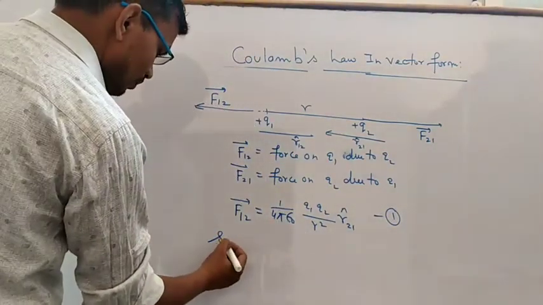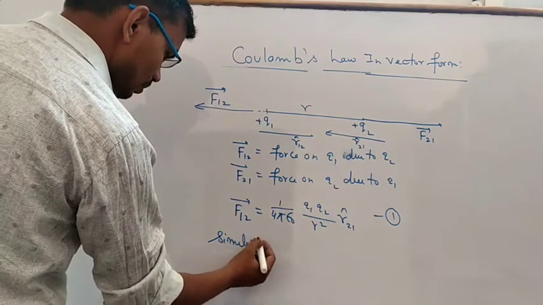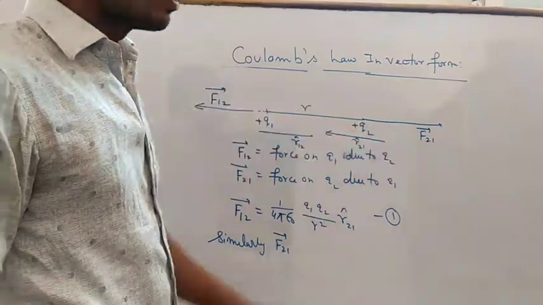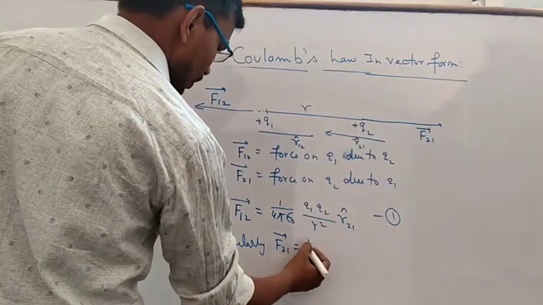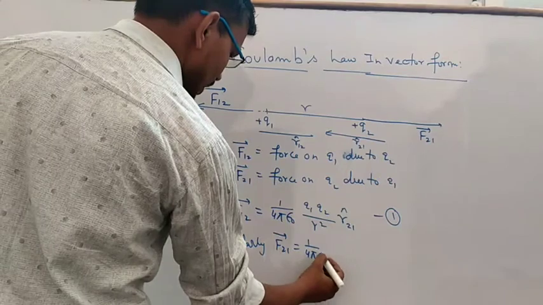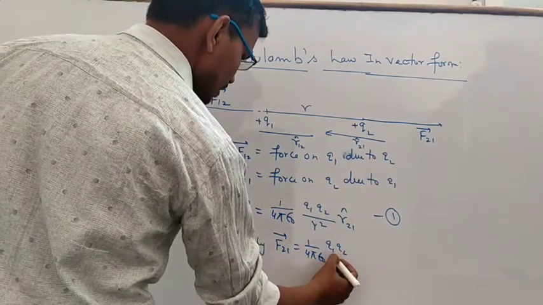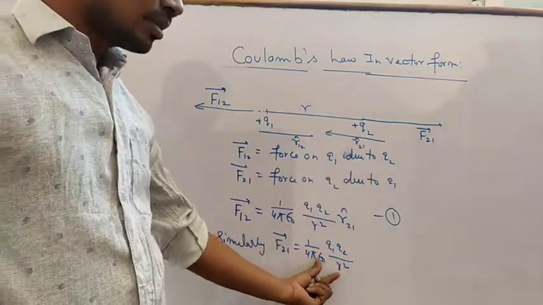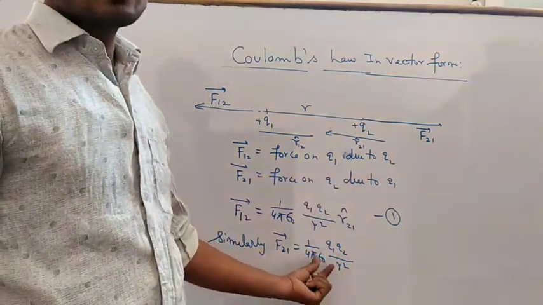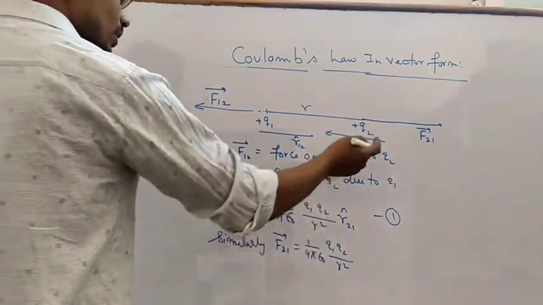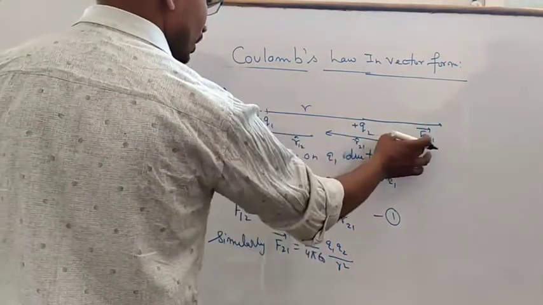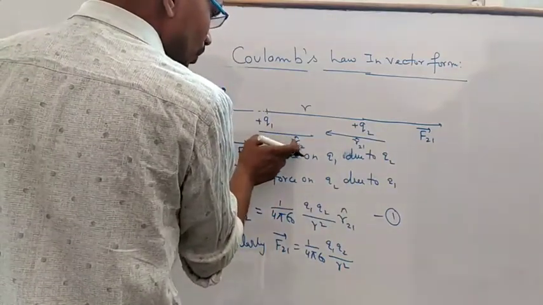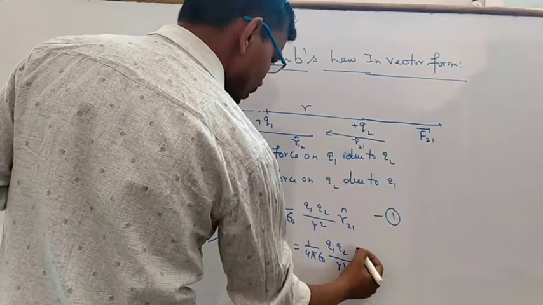Similarly, we can calculate F21: it is equal to 1 upon 4 pi epsilon naught Q1 Q2 upon r square, with the same charges and separation. Again, this is a scalar, so we multiply by the unit vector in this direction, r cap 12.